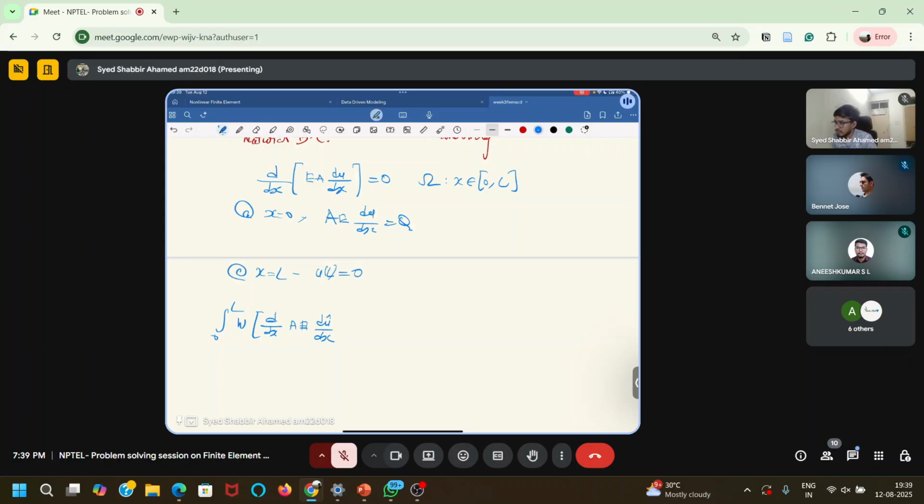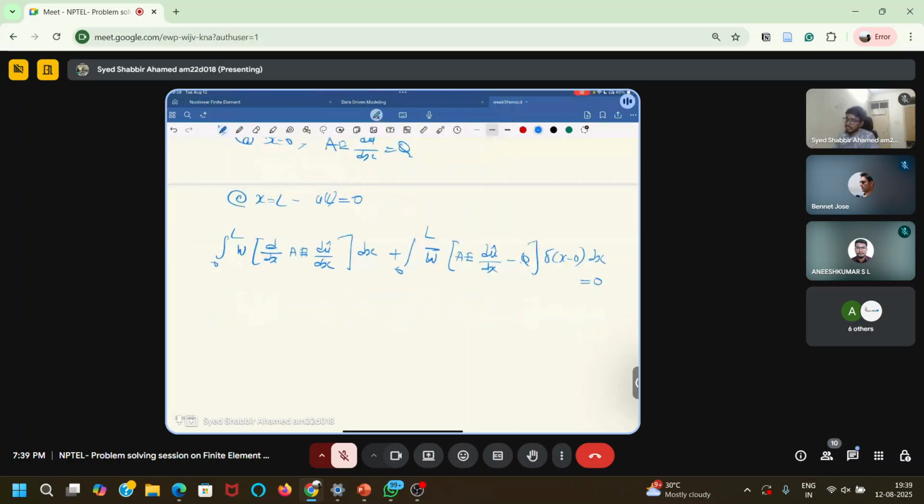Now I am assuming some approximate solution u cap, and I am taking w bar, and there is some boundary condition which is also applied, natural boundary condition, and it is at the x is equals to 0 end.